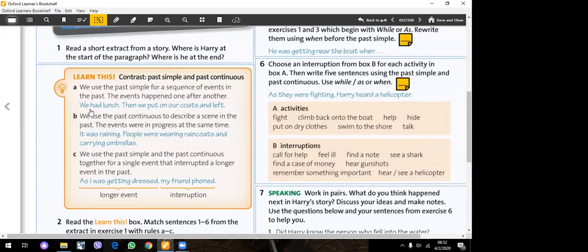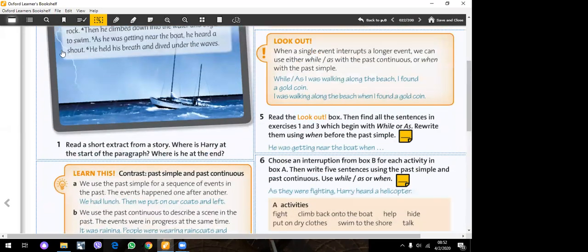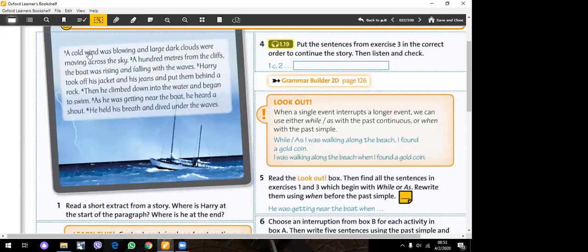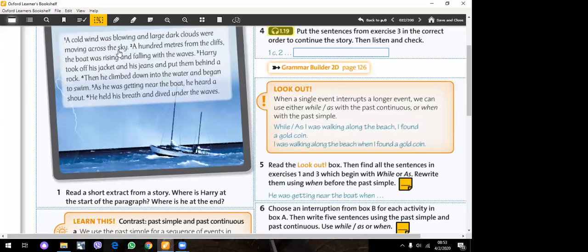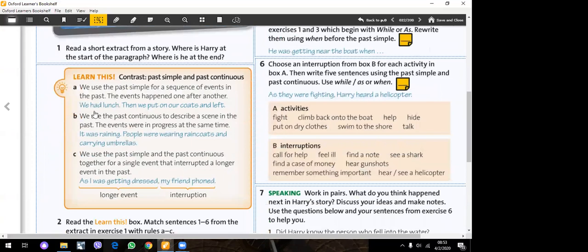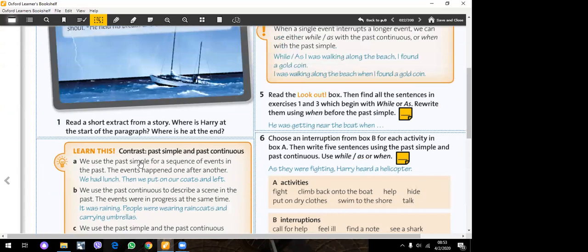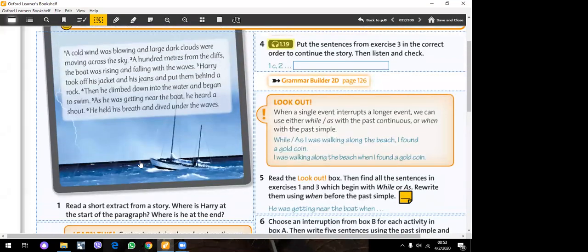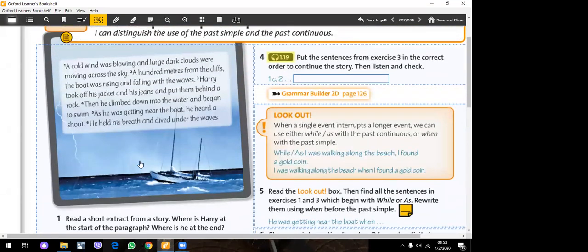Okay? For example, in the first one, a cold wind was blowing. Which tense is it? Is it A, past simple, or is it B, past continuous? Or is it C, we combine these two tenses. Which one is it? You have 3 minutes for this.